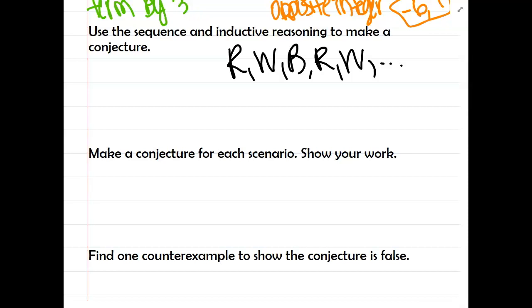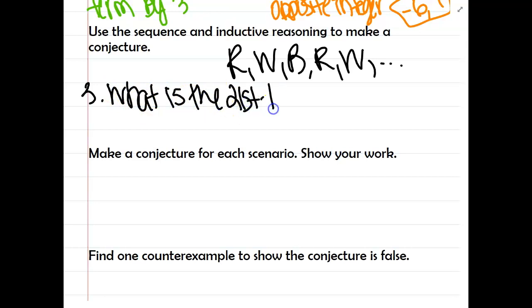Okay, so that's my sequence. We can think about what the pattern is, maybe think about where it's going. But what I want to do is make a conjecture about this. I want to know what is the 21st term.